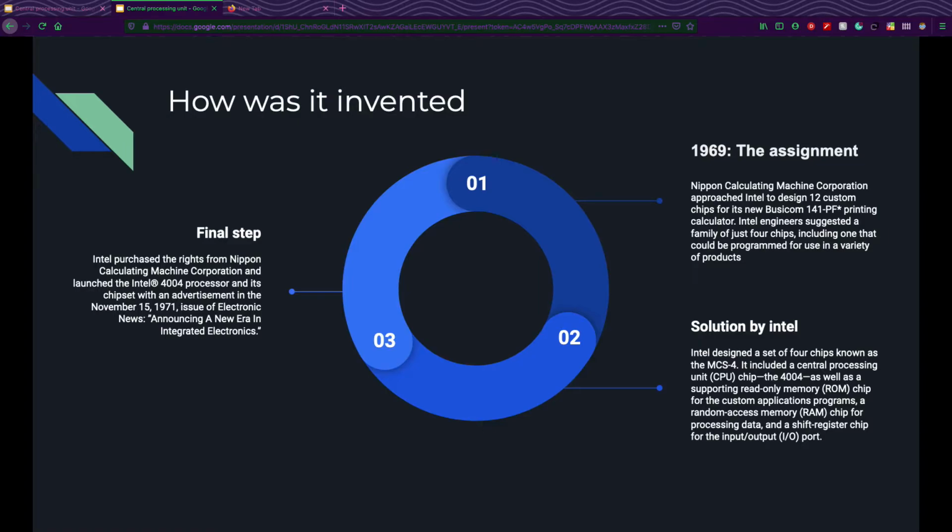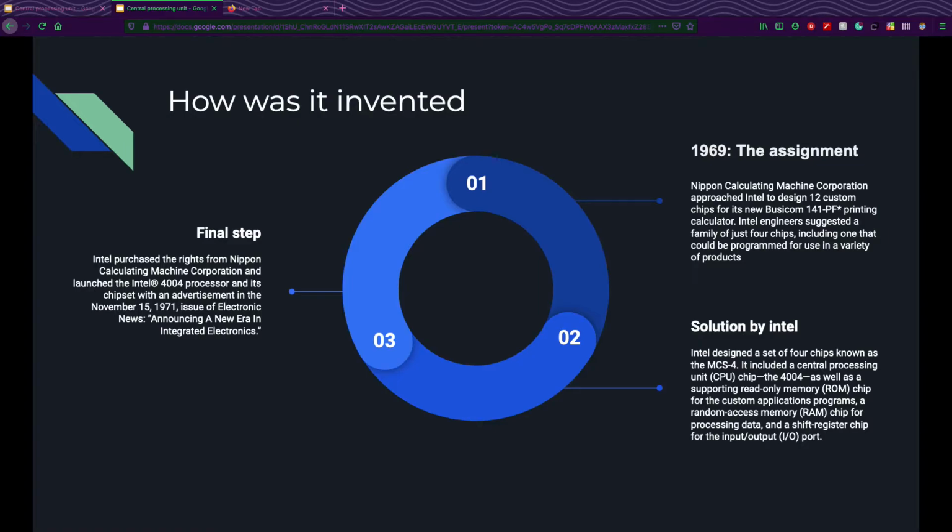You can see this is very much like the architecture of a modern computer. You have a CPU, a ROM, a RAM, and input and output devices, which are usually keyboard and mouse. So you can see how impressive this solution by Intel was.